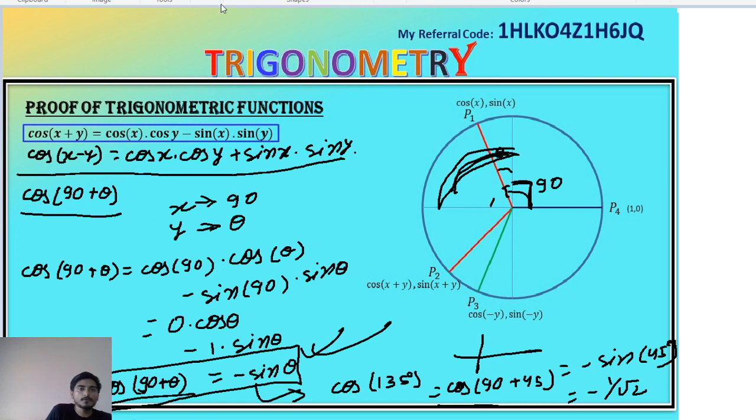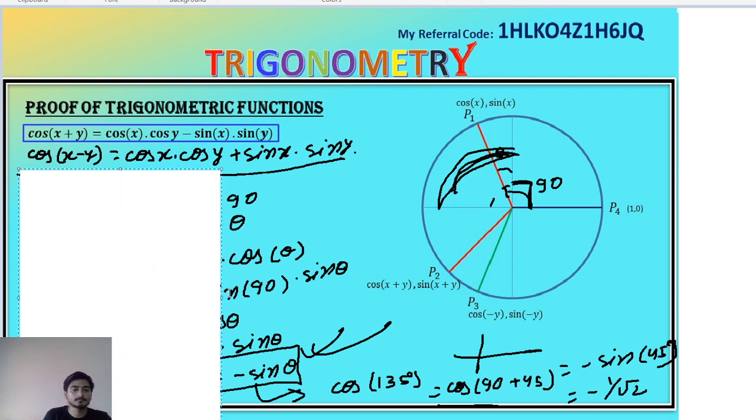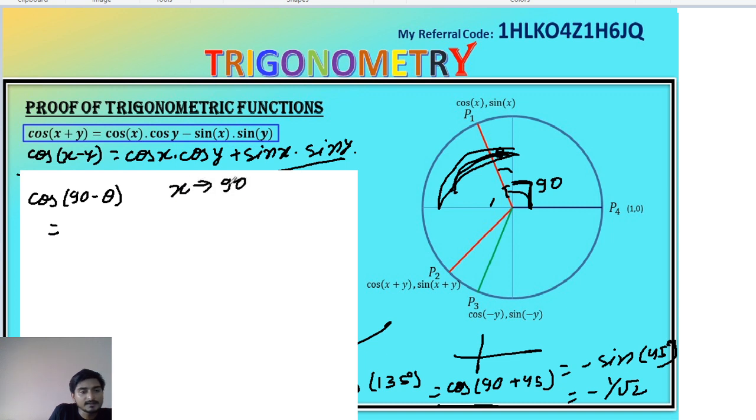Now we will do one more thing: we'll also find a formula for cos of 90 minus theta and see what happens to the expression. If I write cos of 90 minus theta, this can be written by taking x as 90 and y as theta in this expression.